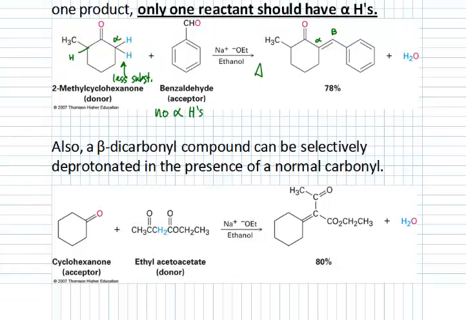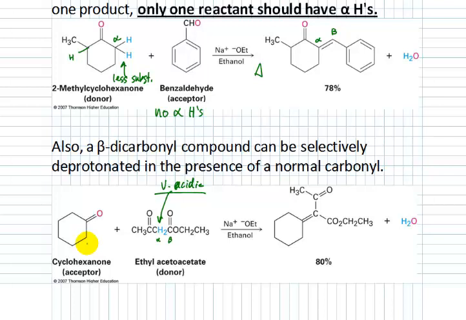Another way to do a mixed reaction could be if I have a beta dicarbonyl compound, right? This is ethyl acetoacetate. We saw that in the last chapter with the acetoacetic acid synthesis. Even though cyclohexanone has alpha carbons, these alpha carbons of the ethyl acetoacetate are extra acidic because they're between the 2 carbonyls. They will be deprotonated much faster than the alpha hydrogens of cyclohexanone.